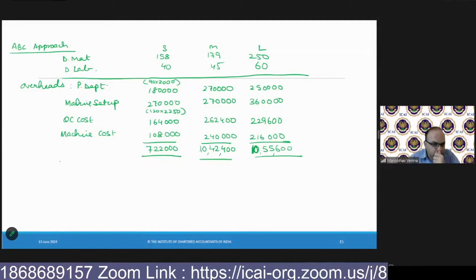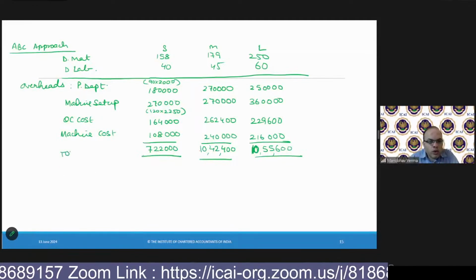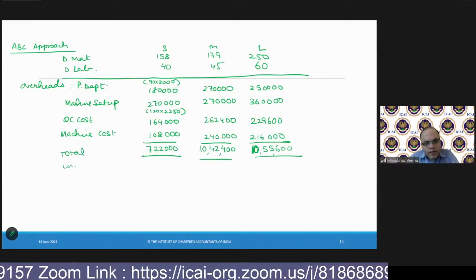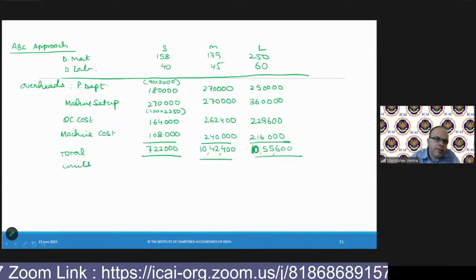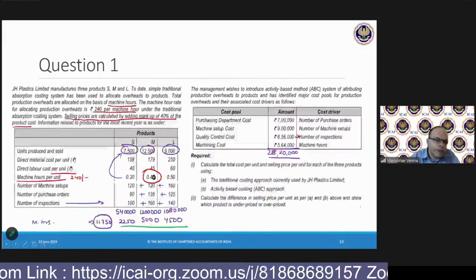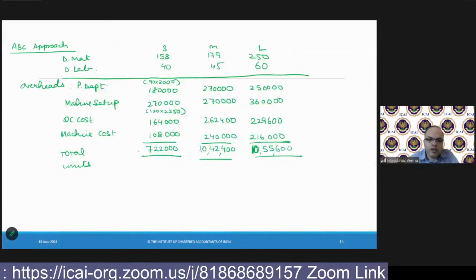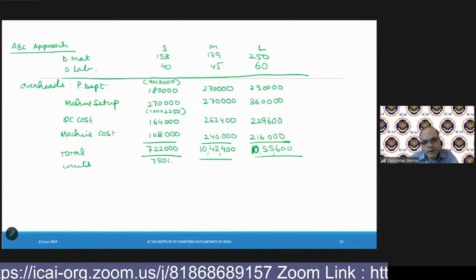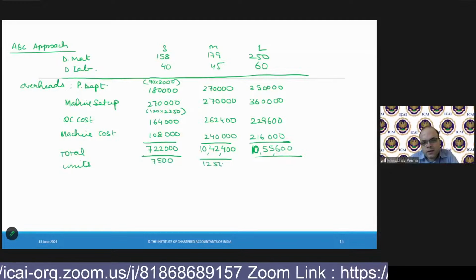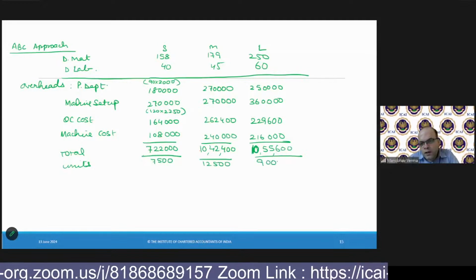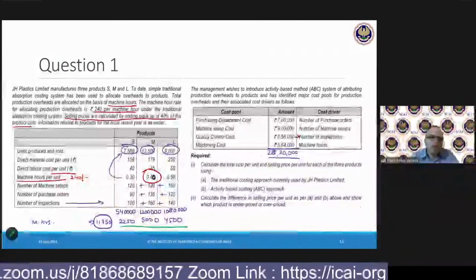Now, that means this is my total overheads, and we already know the units of the respective products: 7,500, 12,500, and 9,000. This is what we have from the information.